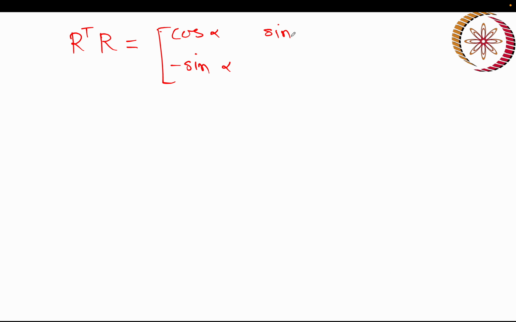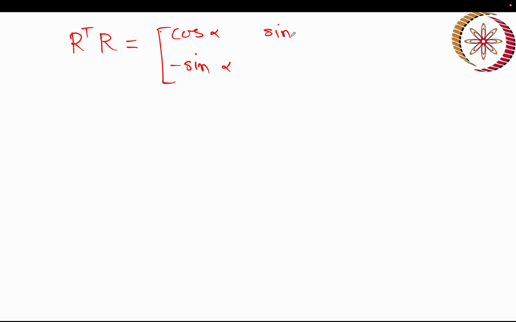Okay, so in this case, if we multiply, it will be cos square plus sin square, which will be 1, and next if we multiply to this, it will be minus cos sin plus cos sin, which will be 0. Similarly it will be 0 and this is 0.